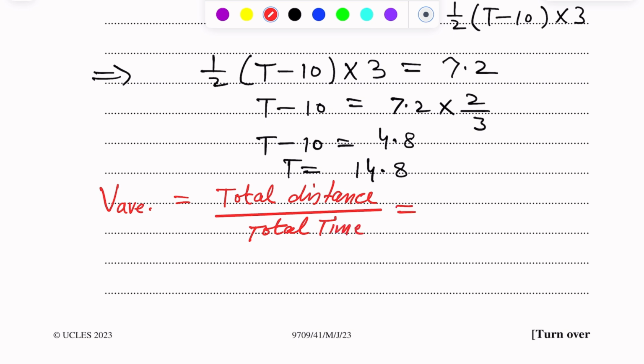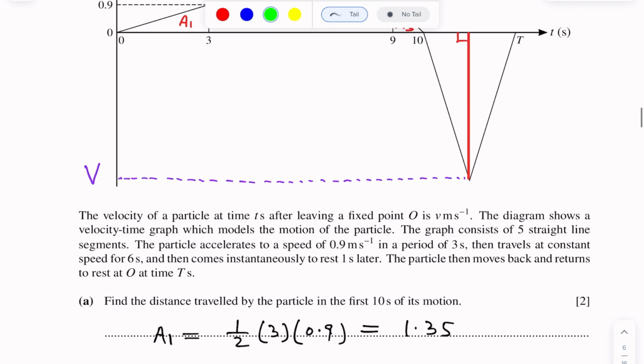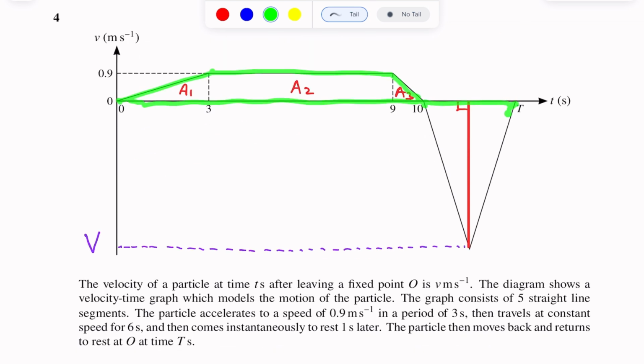Total distance is 7.2 plus 7.2, because we will add these two distances, the distance in one direction and the distance in the backward direction. These two distances are equal.